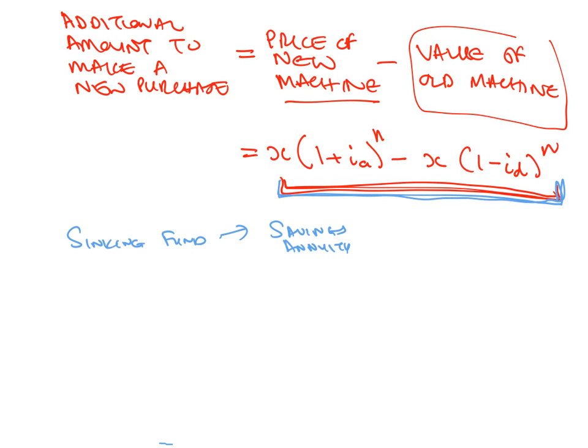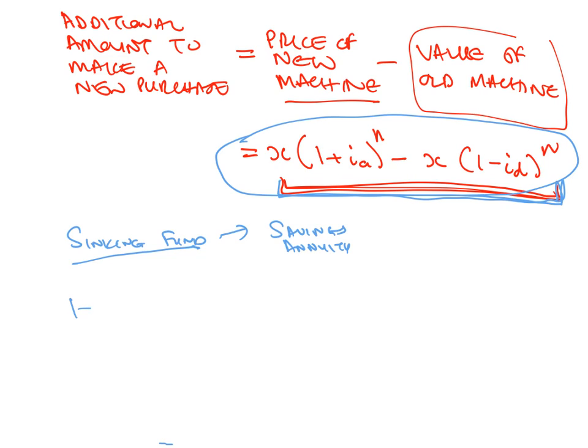This is the shortfall that I'm going to have. In order to recover the shortfall, I set up this fund now so that I can purchase this new machine at some point in the future. And so that is why it is called a sinking fund.